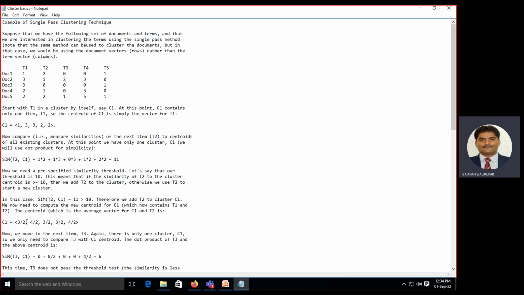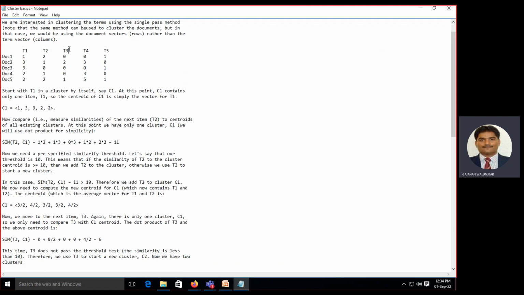Remember, this 2 means T1 plus T2, that means 2 terms are there, that's why we are dividing by 2. Here, 1 plus 2 divided by 2, 3 plus 1 divided by 2, that's why 3, 4, 3, these upper values are coming. Remember, it is the addition of these 2 divided by 2. Then you have updated the centroid value.